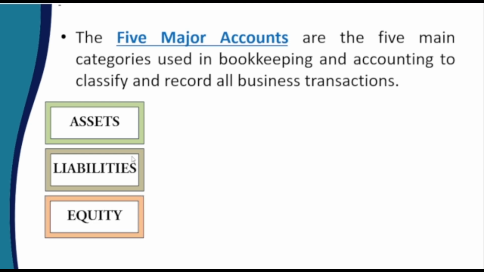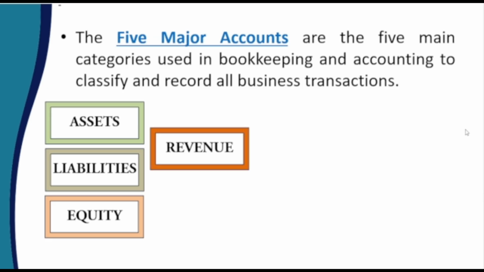Next is equity. It represents the owner's investment, or the ownership interest in the business. That's equity. Next, revenue. Revenue is the income, from the word itself. So revenue is the income earned from selling products or providing services.